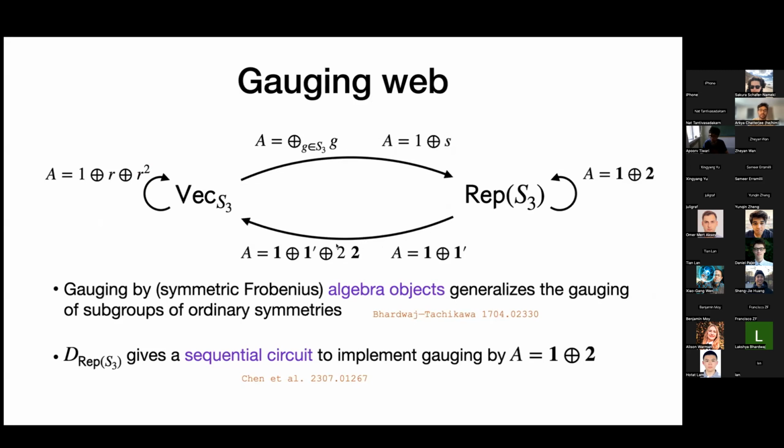I'm not sure how to do a gauging by a general algebra object for some general fusion category on some lattice model. But in the anyon chain, we do know this, right? Yeah, in the anyon chain. There it is a lattice model in some sense, and there we do know it by changing the module category. Right. I want to say that I don't know how to do it in a spin chain.